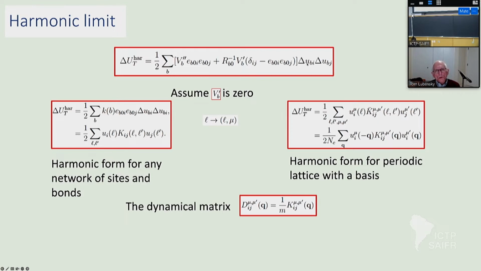This is the UBI, or the delta UBI is, what did I call it? Well, UL minus UL prime. So the harmonic energy, when we assume the VB prime is 0, and we'll do that most of the time. I mean, it's a whole different course when you include this term. So throwing this away, we have that the energy is an elastic constant, which is the VB double prime.